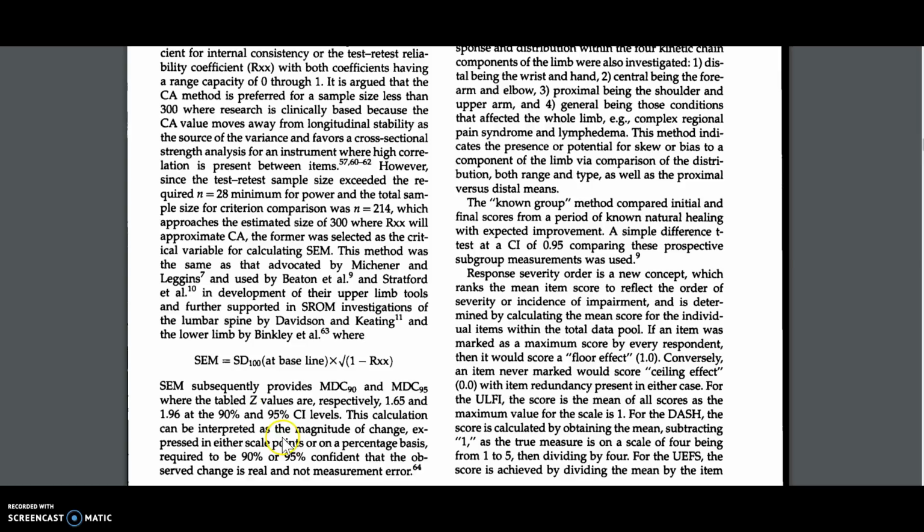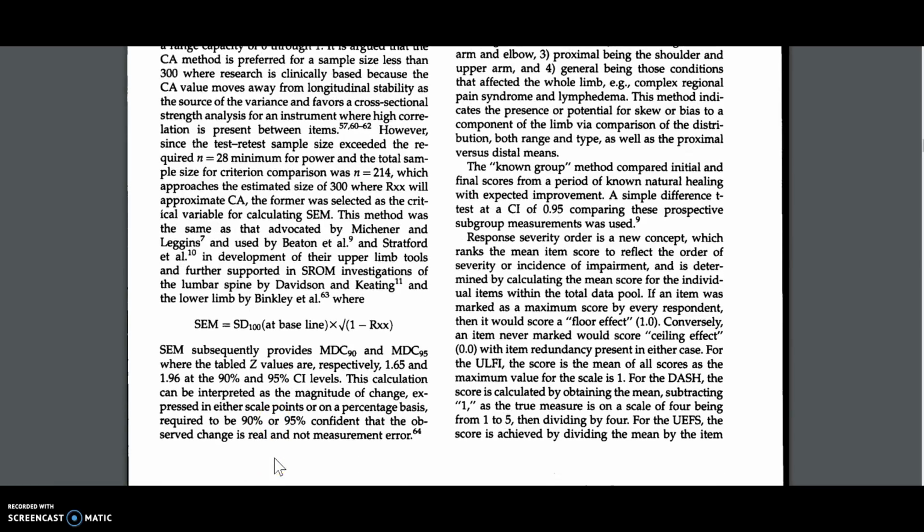This calculation can be interpreted as the magnitude of change expressed in either scale points or percentage basis required to be 90% or 95% confident that the observed change is real and not measurement error.